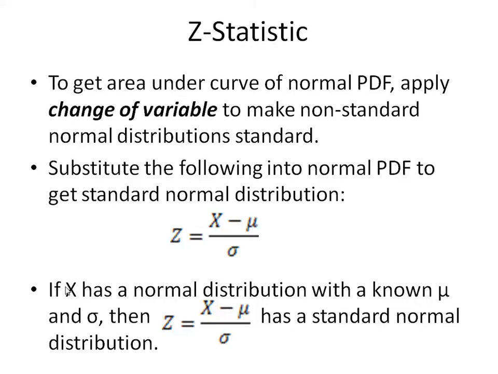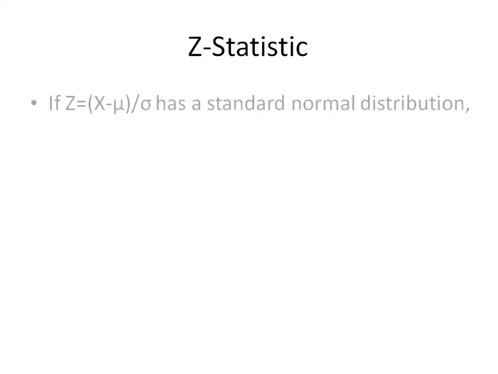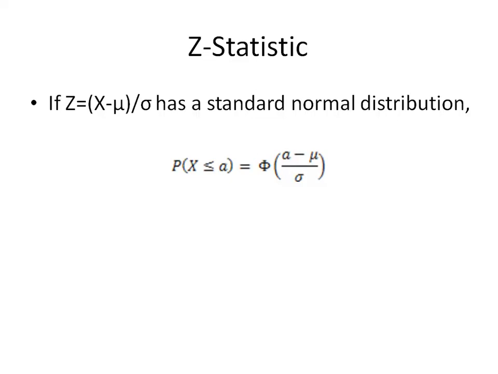So again, just to reiterate, if big X has a normal distribution with a known mean mu and a standard deviation sigma, then this Z transformation has a standard normal distribution. So if this Z value has a standard normal distribution, then we can begin to make some definitions.